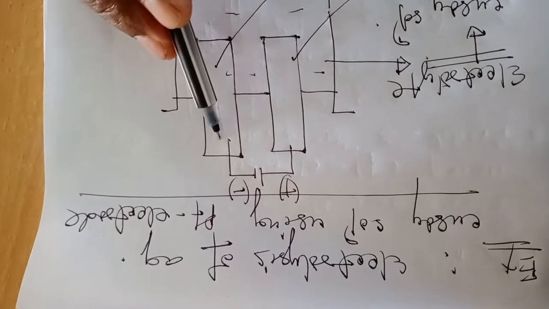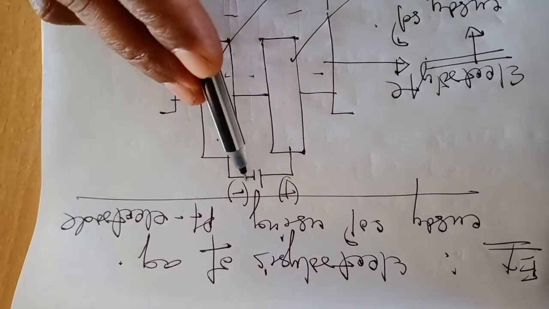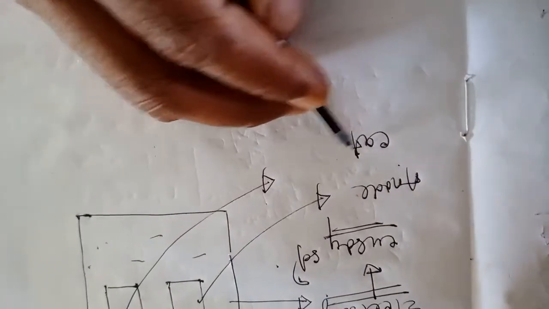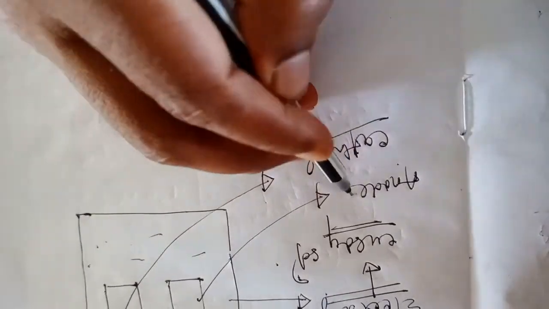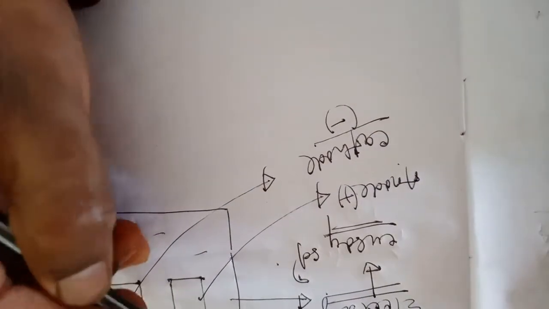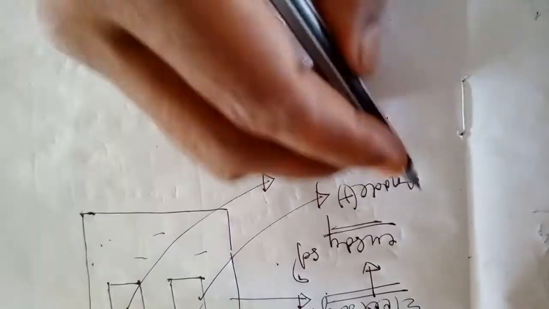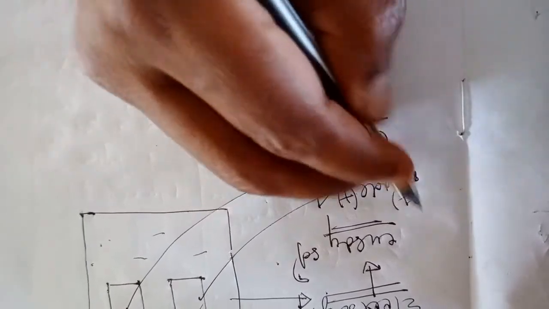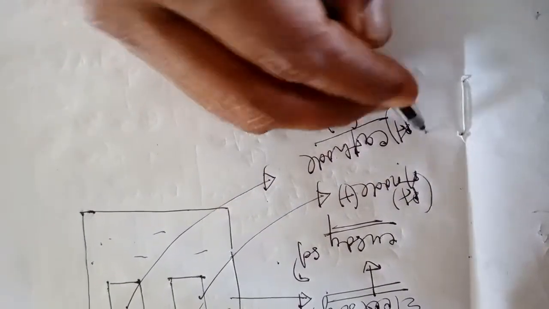And this electrode is connected to the negative pole of the battery, called the cathode. These two electrodes are platinum electrodes.